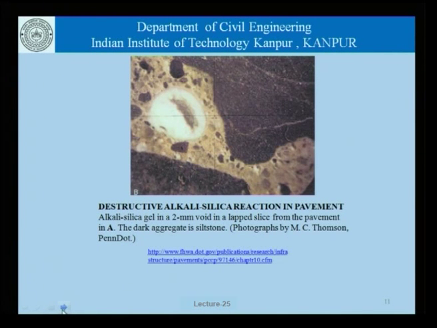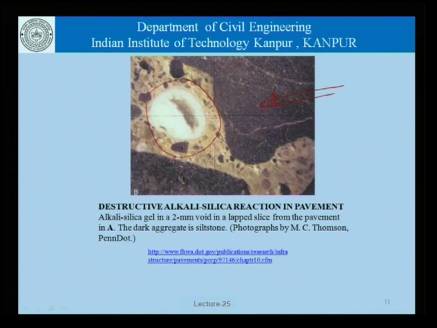Now, this here is a close up of another structure which is afflicted with the destructive alkali silica reaction, again from a pavement, and we can see alkali silica gel in the 2 millimeter void in a lapped splice from a pavement.